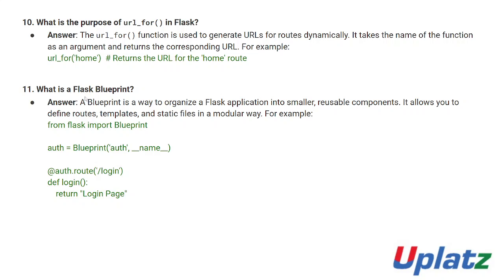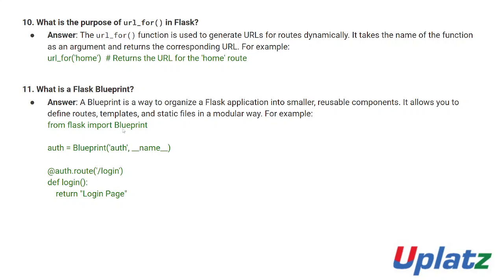11. What is a Flask blueprint? Answer. A blueprint is a way to organize a Flask application into smaller, reusable components. It allows you to define routes, templates, and static files in a modular way.